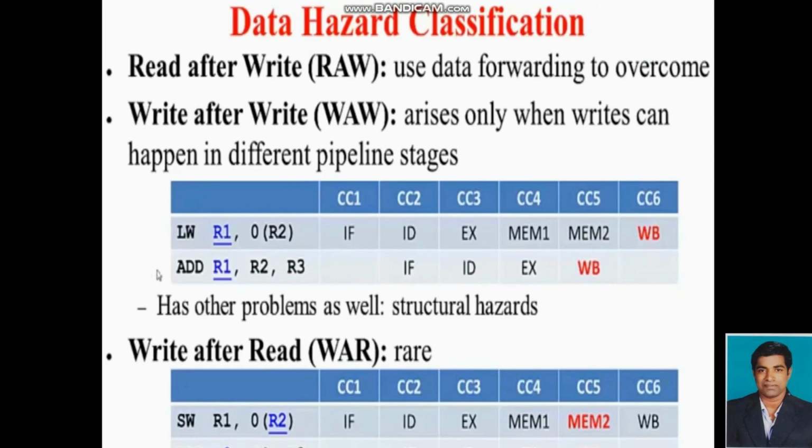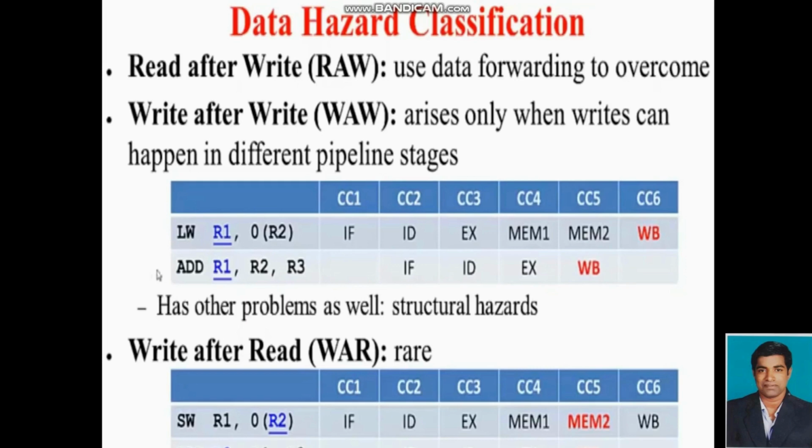Even then, after changing the data memory value, we are reading it, so this can be eliminated. Use data forwarding to overcome this. Write after write arises only when writes can happen in different pipeline stages. That we can see in this diagram.